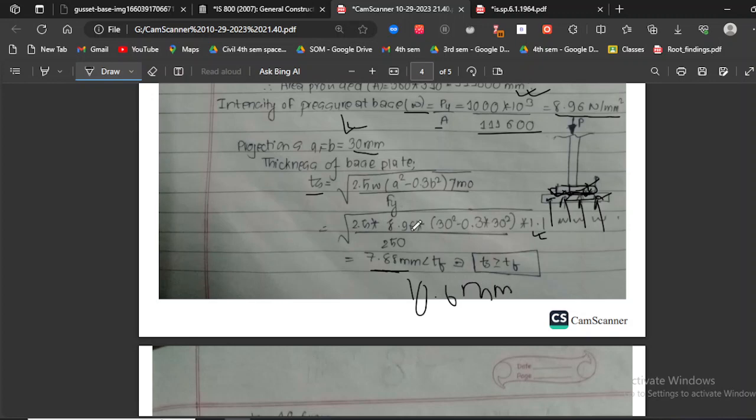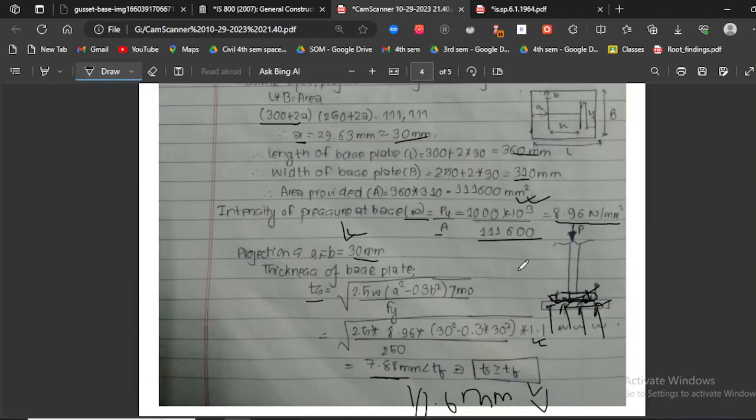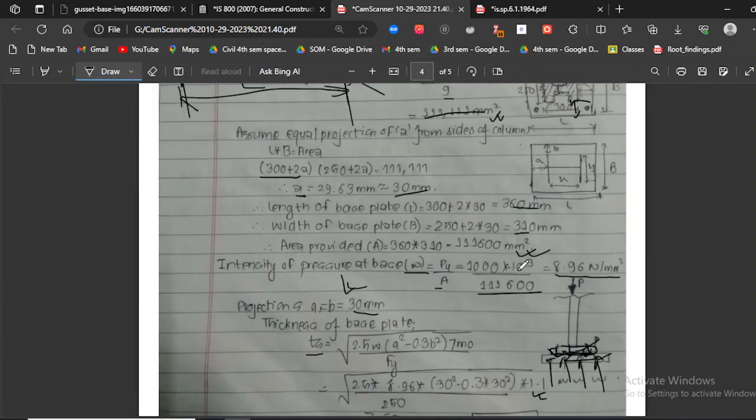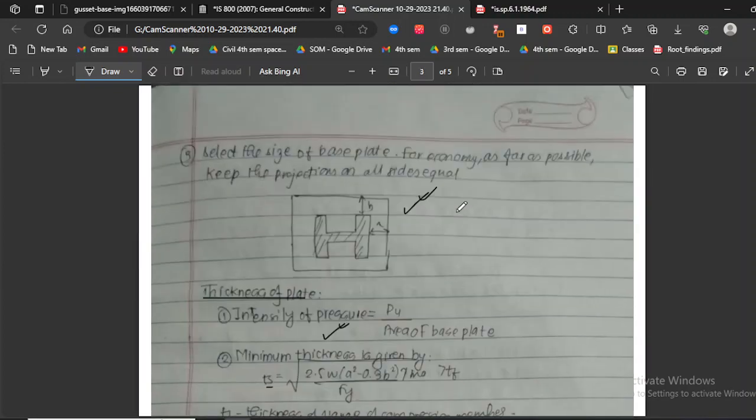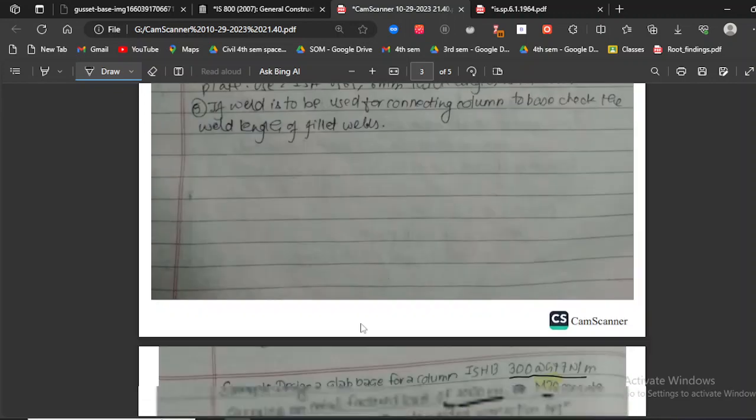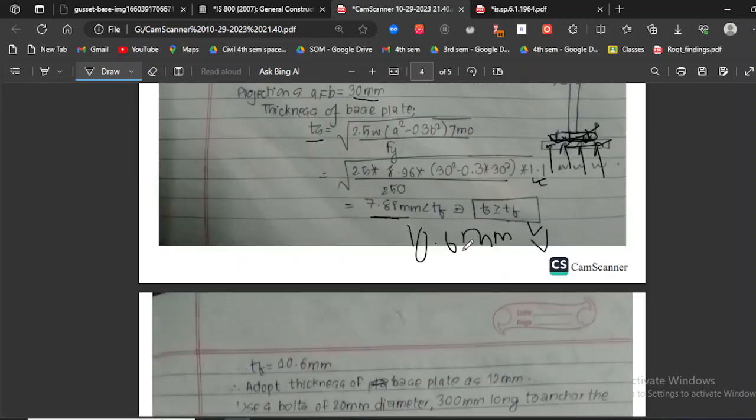So our criteria is that TS, the thickness of base plate, must be greater than or at least equal to the thickness of flange of compression member. But in this case it is not, so we'll be taking the thickness of base plate as equal to the thickness of our flange, so it's going to be 10.6 mm.